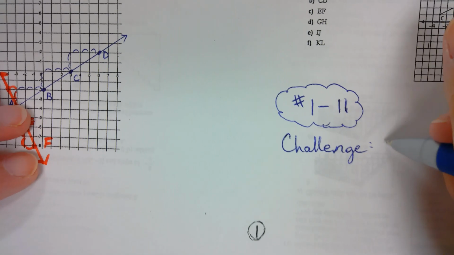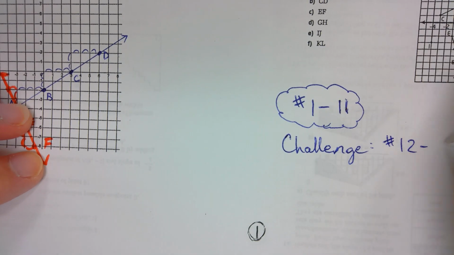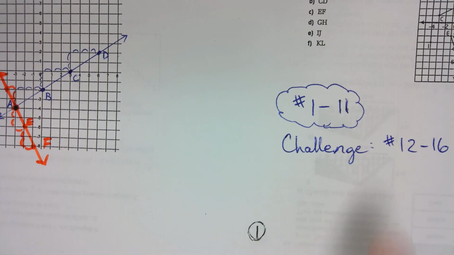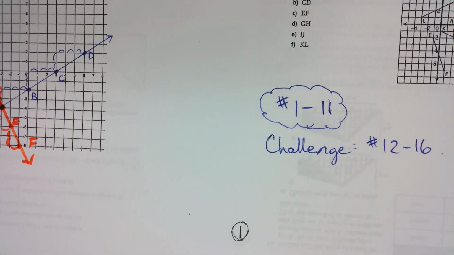The harder slope questions are 12 to 16. So the bare minimum is 1 to 11, and then the extra mile is 12 to 16.